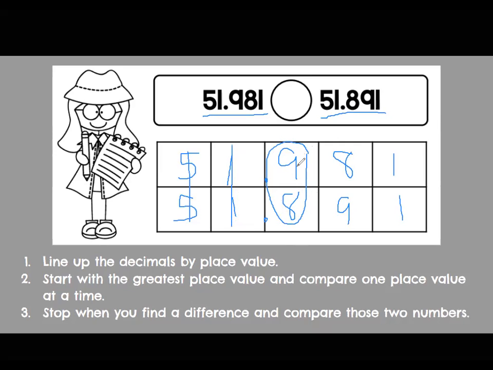Well, 9 tenths is greater than 8 tenths. So that means we can use our greater than symbol, and we don't even have to worry about these other digits behind the tenths place. So because we are able to use the greater than symbol, 51 and 981 thousandths is greater than 51 and 891 thousandths.